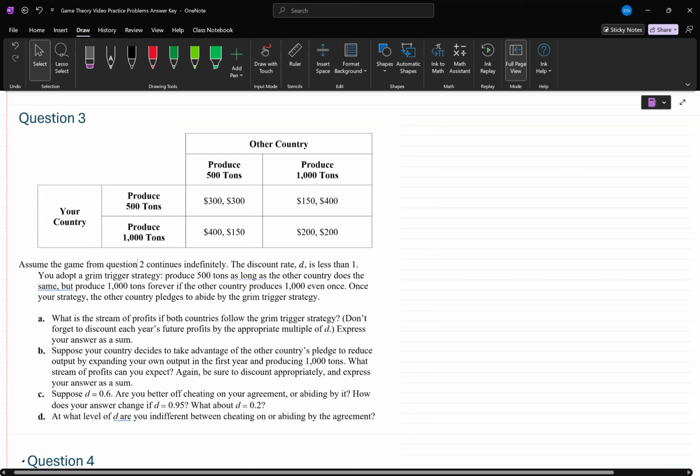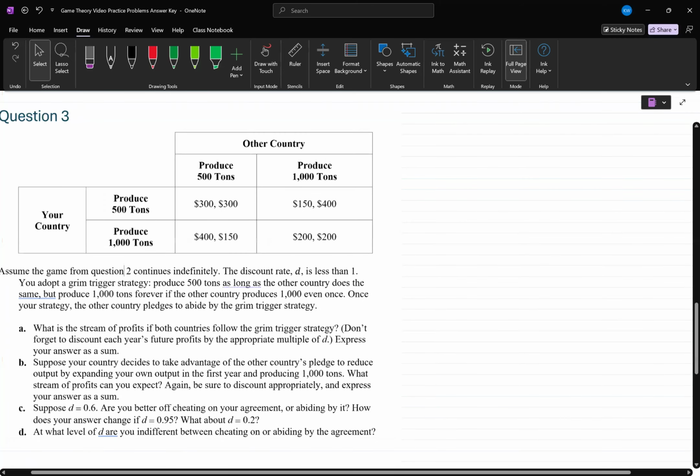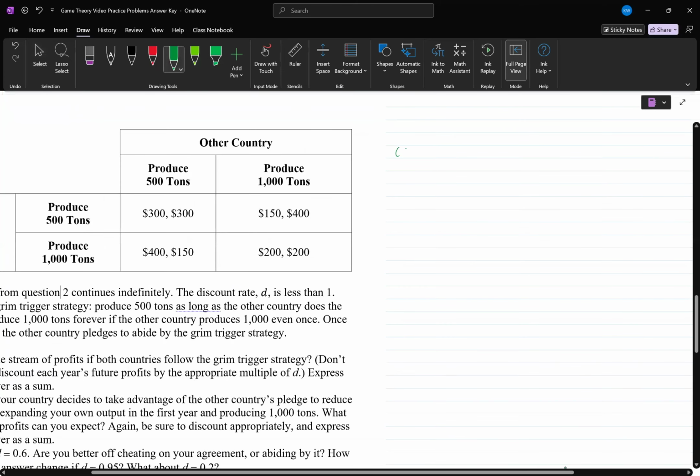So let's start with A. What is our stream of profits if we cooperate? Here we're going to have an infinite sum, an infinite series, because again, we don't know how many rounds are in this game. It's infinitely repeated. No clue when it's going to end. Our profit here is going to be that $300 we get from cooperating in the first round, and then that same payoff, but discounted for every period in the future.